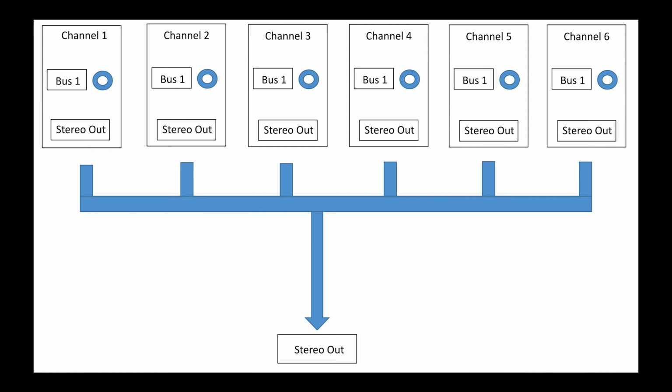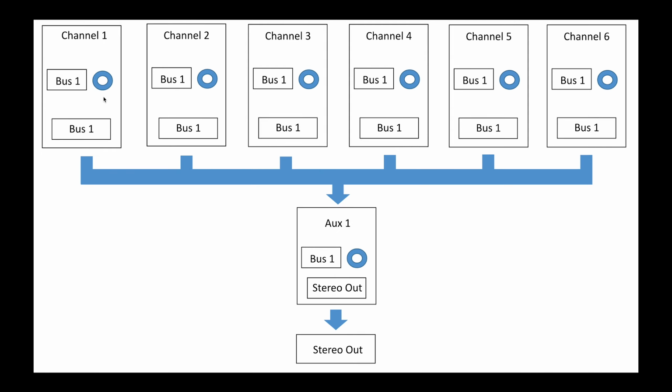So what I would do is I'm going to change all of my outputs to bus 1. In this case, I just arbitrarily chose bus 1. And then my aux channel is going to receive bus 1 and it's going to accept everything first. So in this way, I'm consolidating all of these tracks into a bus first, or an aux channel, and then outputting them, okay?